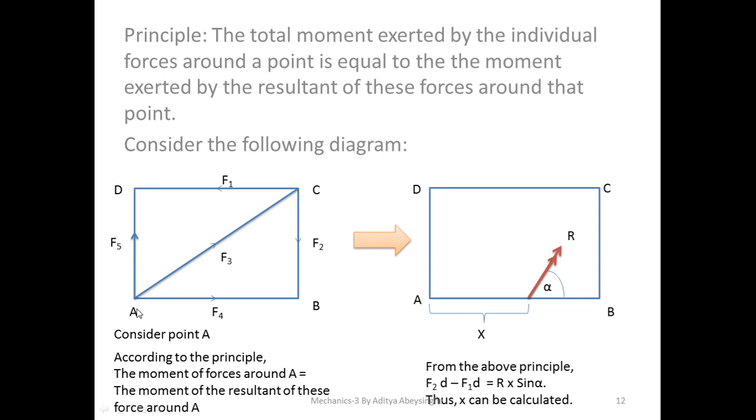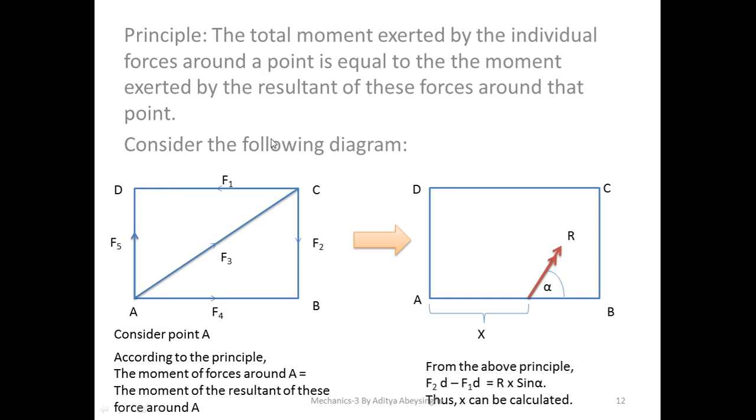F2 creates a moment around this point in the clockwise direction, and F1 in the counterclockwise or anti-clockwise direction. Since this is a square and those lengths are equal to D, the total moment created by F2 is F2 times this length D, and minus F1 times this length D. So the total moment created by the force system is F2D minus F1D.